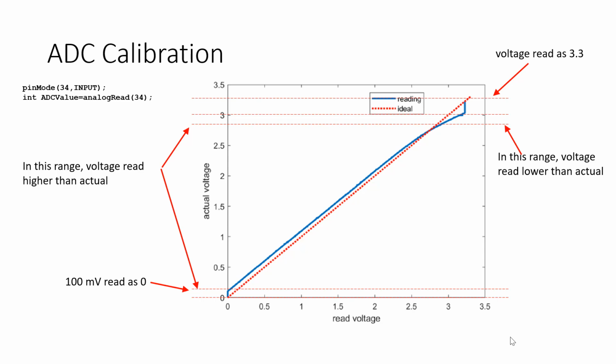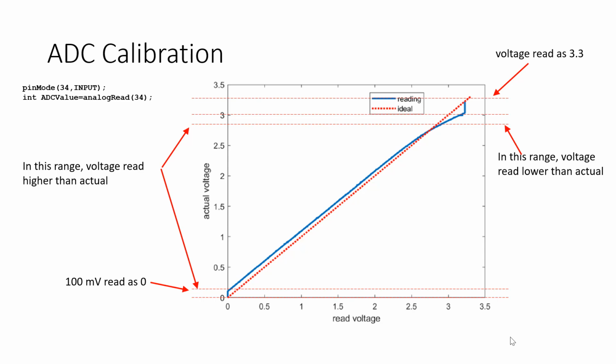Okay. And the reason I say that is because this plot plots the voltage that you read on the horizontal axis and the actual voltage on the vertical axis, which means that if you look between 0 and 100 millivolts, you'll notice that the value read goes straight up from 0.